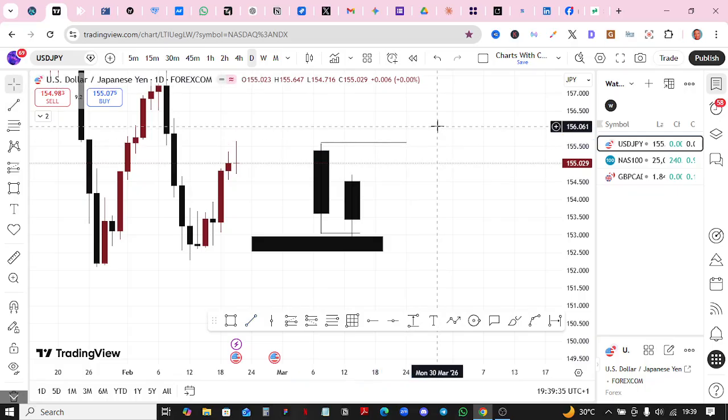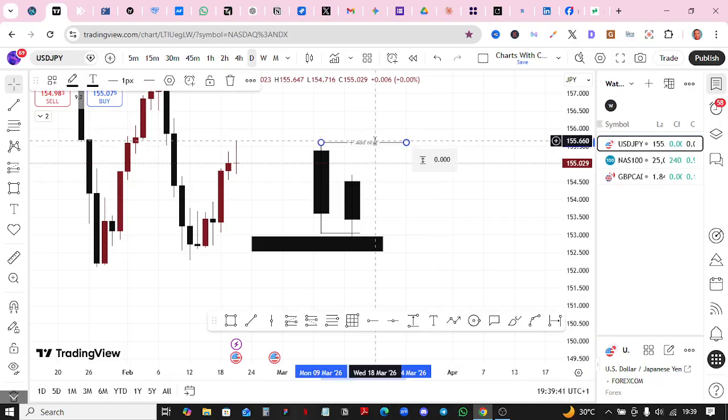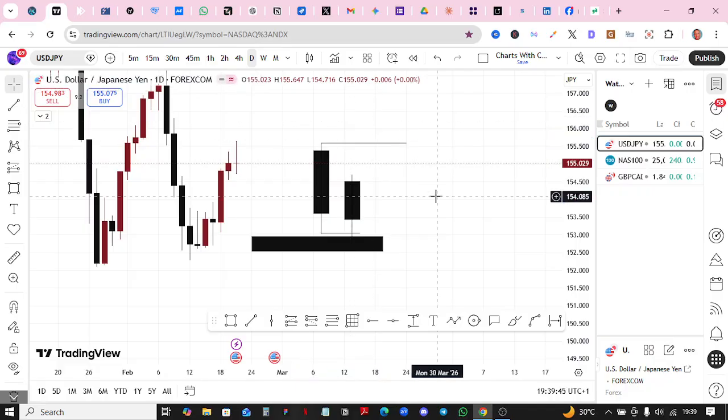So basically, I use this most of the time on the daily and weekly time frame to get my daily bias and weekly bias, right? So for CRT, this is just basically what the concept entails, right?